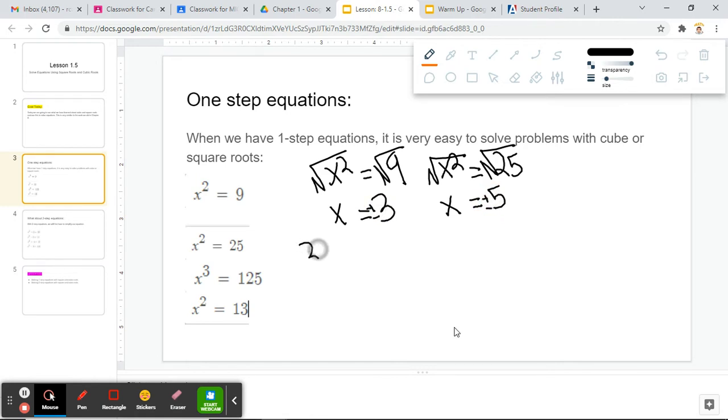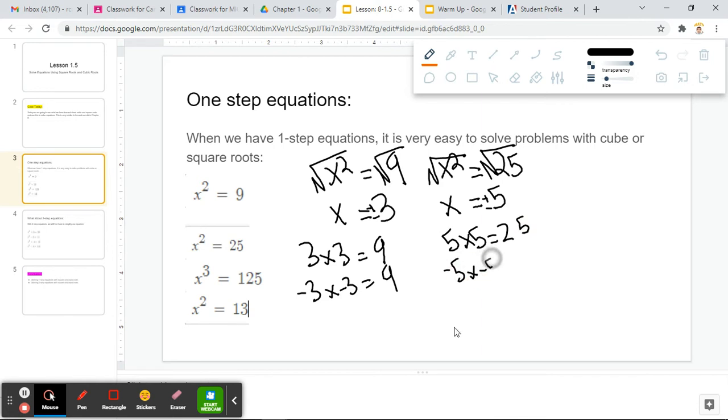The reason is because 3 times 3 equals 9, but negative 3 times negative 3 will also equal 9. So it could be either a positive 3 or a negative 3. Same with 5 here. 5 times 5 equals 25, but negative 5 times negative 5 will also equal 25. So you have to include the positive or negative values here.